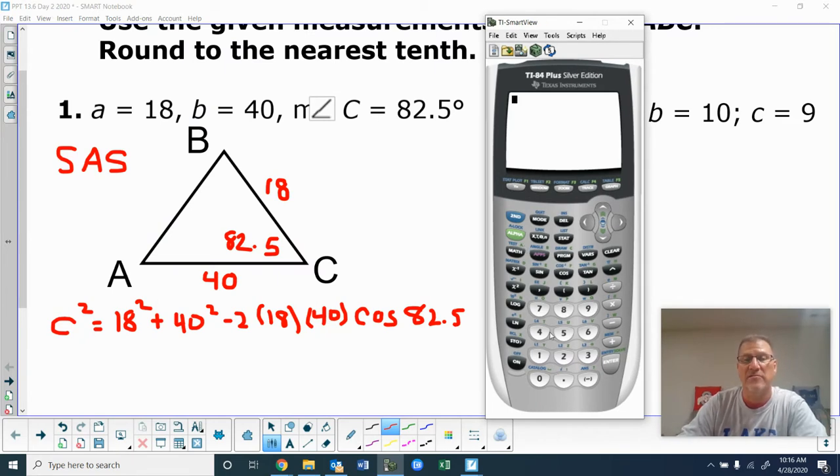All right, so 18 squared plus 40 squared minus 2 times 18 times 40 cosine 82.5. Enter. All right, so that's 1736.04.